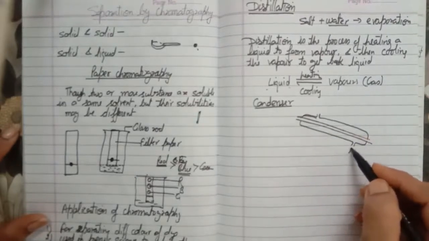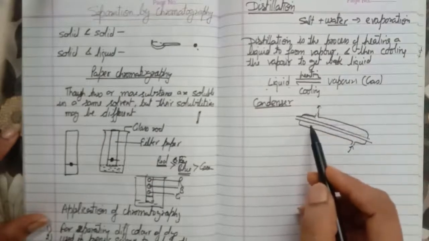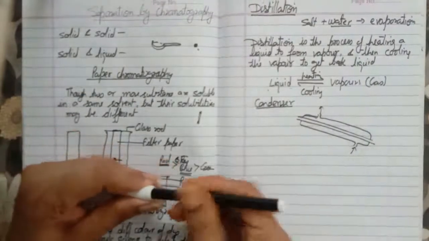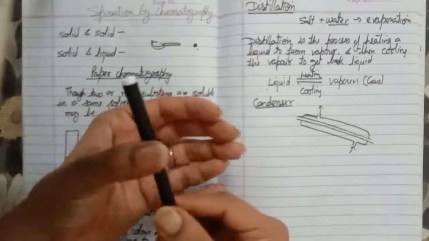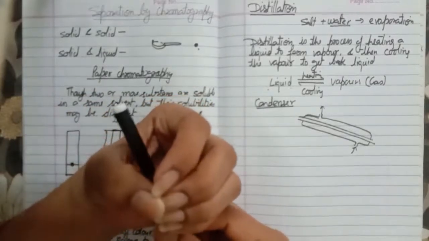We pass water through this outer jacket. This is a hollow tube, and around the hollow tube there is a jacket-like structure like this. This is also made of glass.